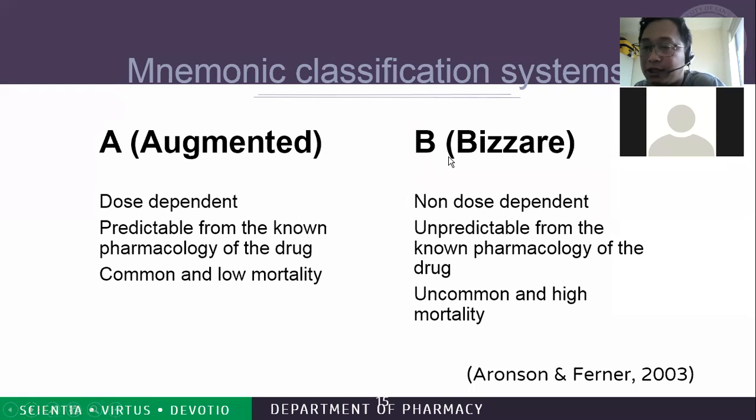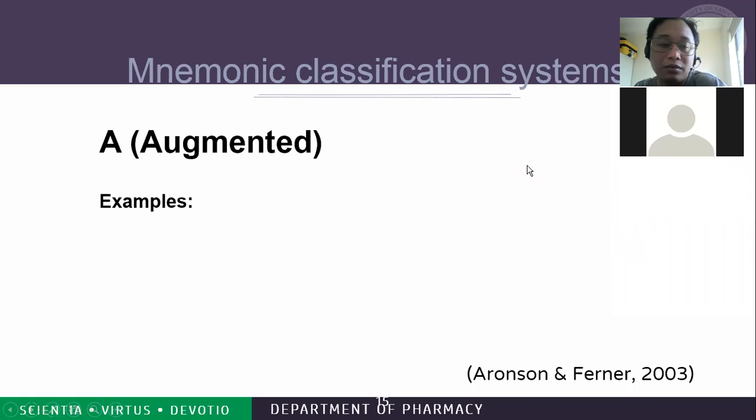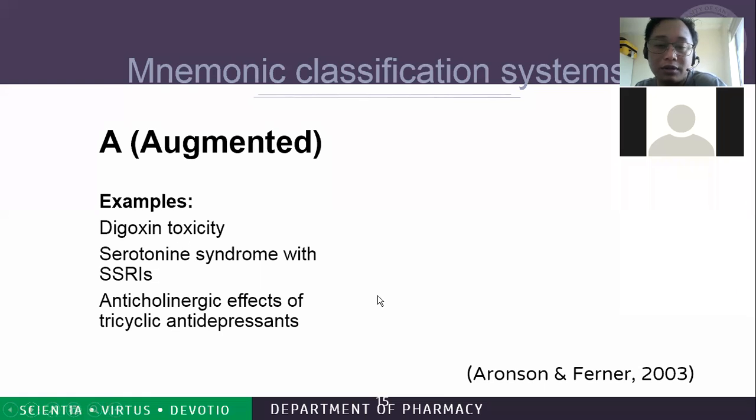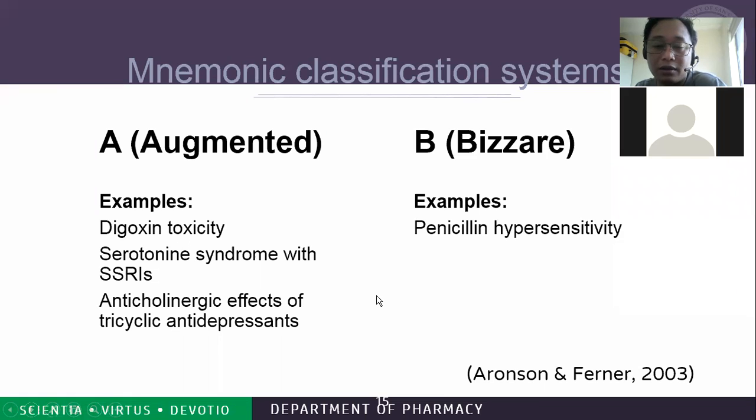But we have the C, D, E, and F. Examples are digoxin toxicity, serotonin syndrome, penicillin hypersensitivity, malignant hyperthermia. Something that is mediated by an immunological response can be classified as the B system.